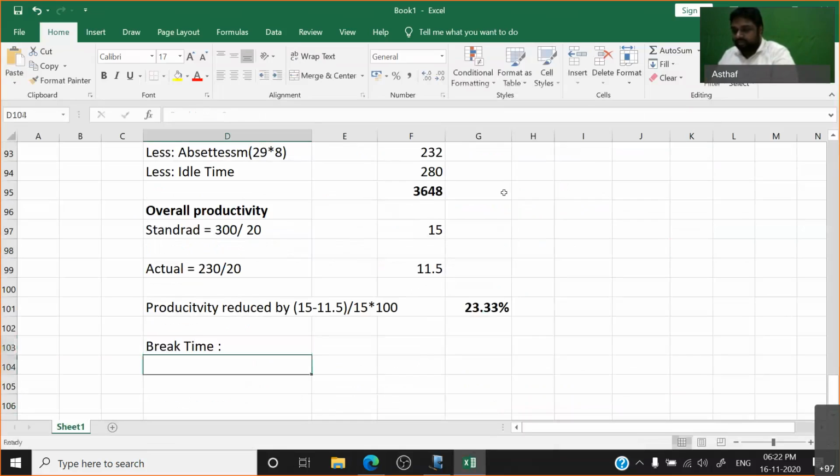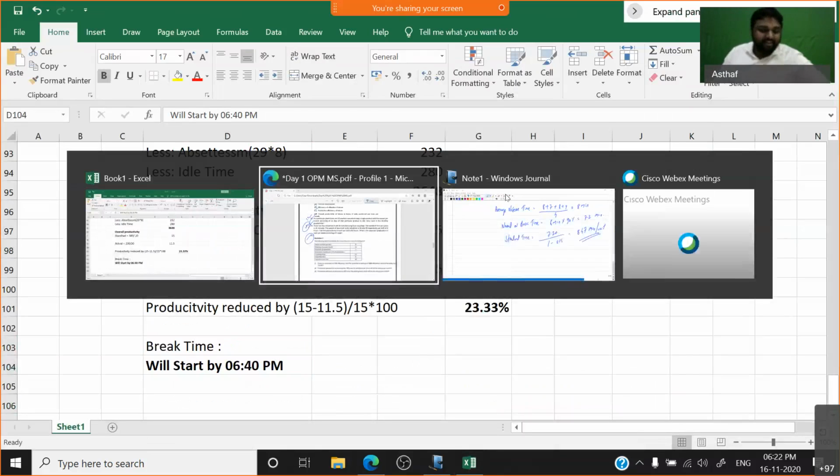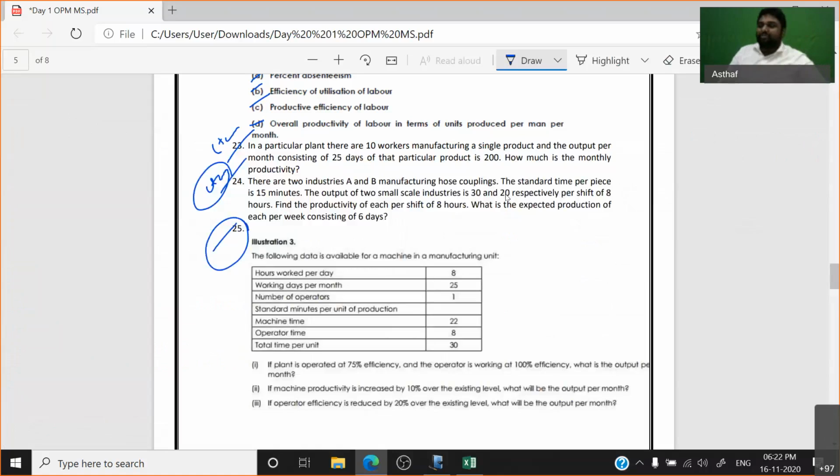Break time. We'll start by 6:40 p.m., because now we have to start a very, very important area. Today's material is yet to start. So this is not a full break. In 5 minutes you have to do the 25th question, your study material question or 11th question for your online MTP pattern.